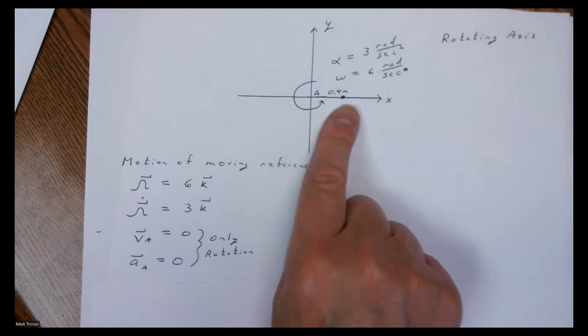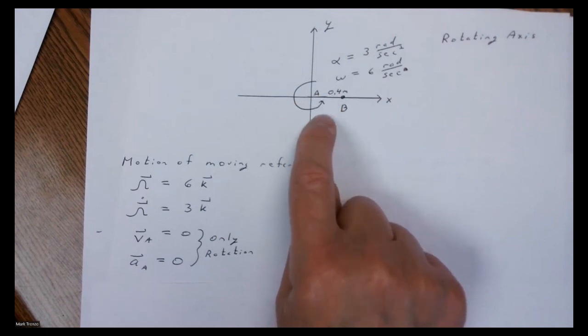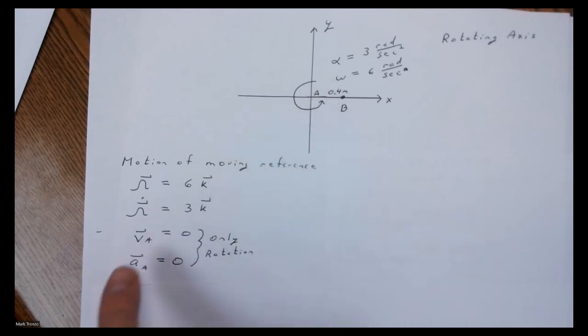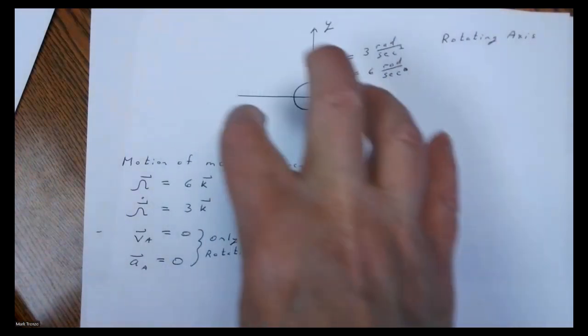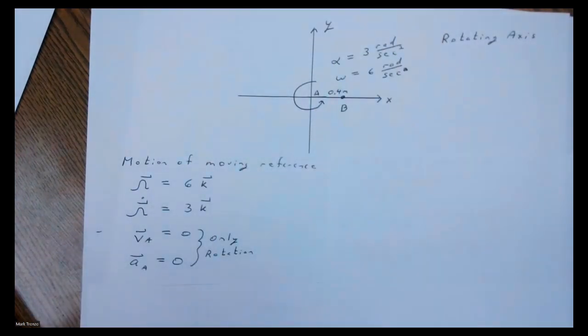In other words, it has no linear velocity in the x or y direction or in the z direction. So the velocity of A is 0 and the acceleration of A is 0. And that's because we only have rotation in this problem of the main body. The main body only has rotation, so those are both going to be 0.